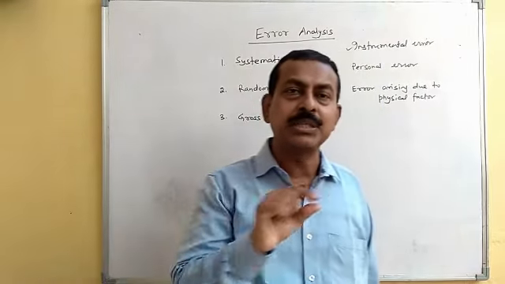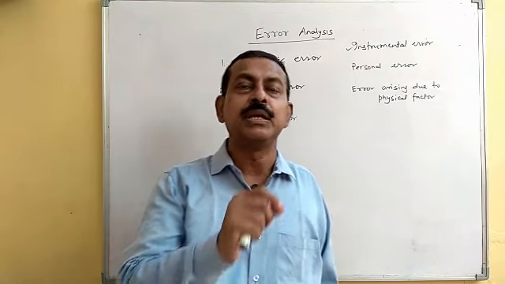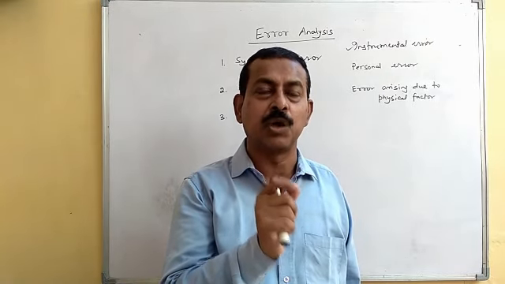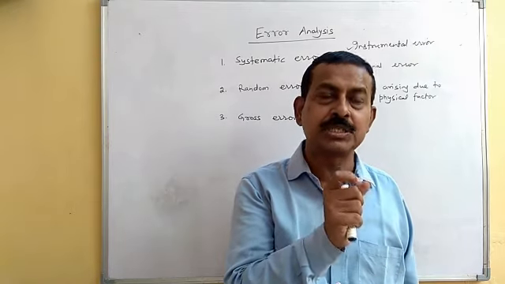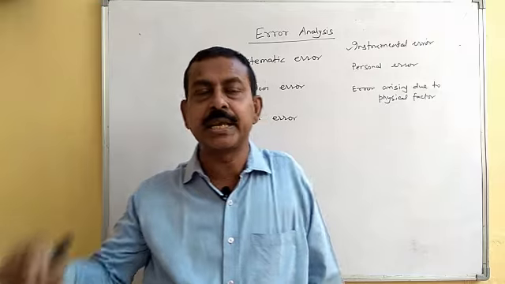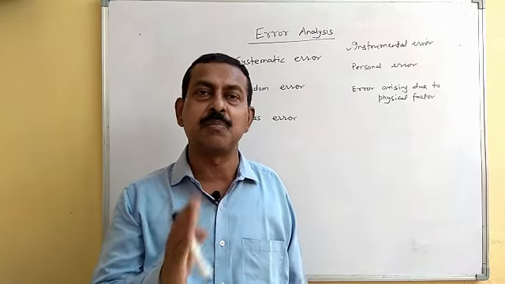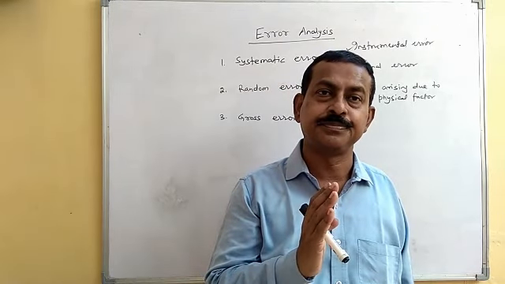Suppose you have a meter scale. On that meter scale, we have the 100 marks of centimeter, of course, subdivided into 10 small divisions representing 1 millimeter. So if you have a meter scale of 1 meter length, we have 100 divisions marked there representing 1 centimeter each.